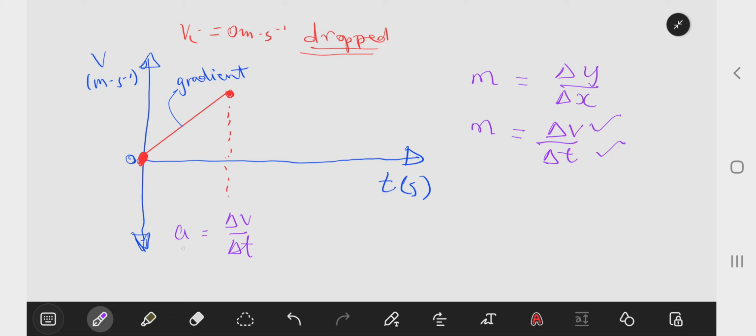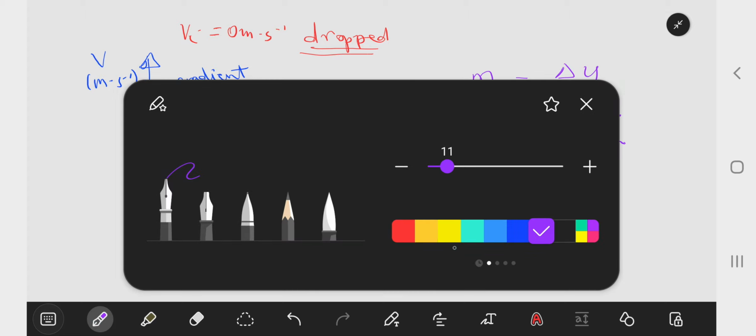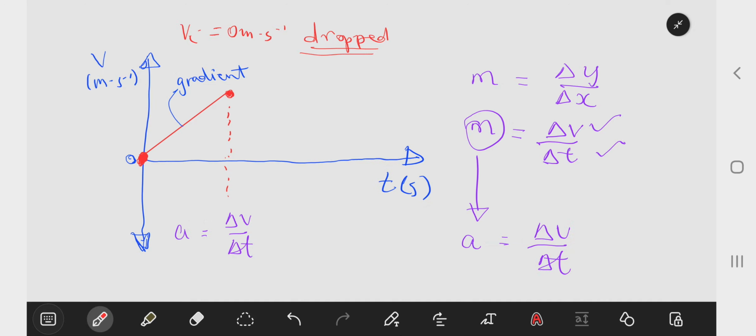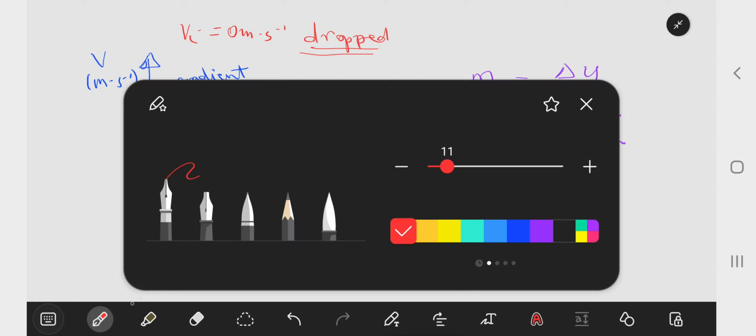So from the definition of acceleration, we can simply say that this gradient is actually the acceleration of that projectile, okay? So now, the question is, what is the acceleration of a projectile? From the theory that we have explained in the previous videos, we said the acceleration of a projectile is constant, okay?